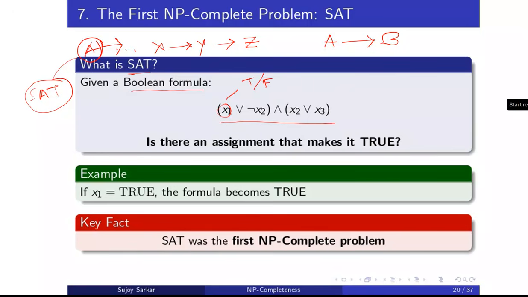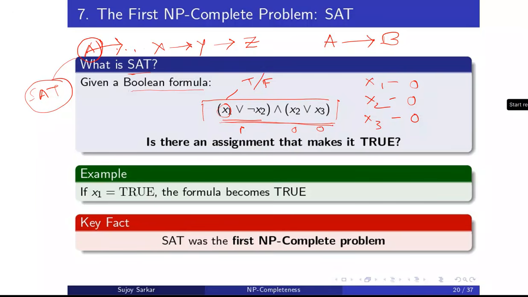is this formula satisfiable? That is, for three variables we have here x1, x2, x3, is there an assignment that can make this formula true? For example, if we assign 0, 0, 0, will it be evaluated to true? No. We will get 0 and 1, this will be evaluated to 1, but 0, 0, this will be evaluated to 0.